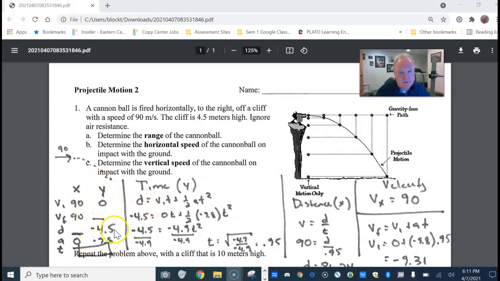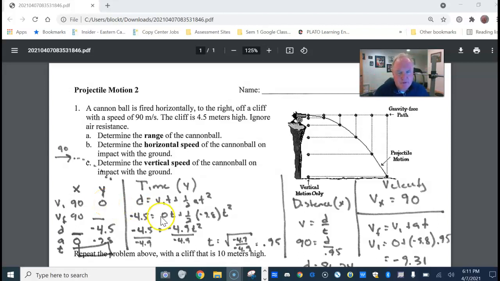We know distance, we know initial velocity, and we know acceleration. And so we're always going to use this equation, d equals vit plus 1/2 at squared. We'll write that equation down, but just know that in all of these horizontal problems, this first term, vit, is always going to cancel out because our initial velocity for a horizontal projectile is always going to be 0.